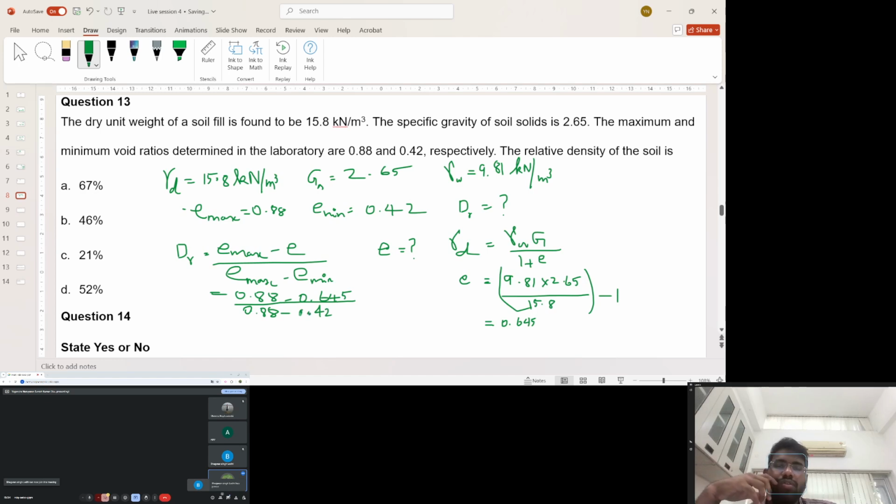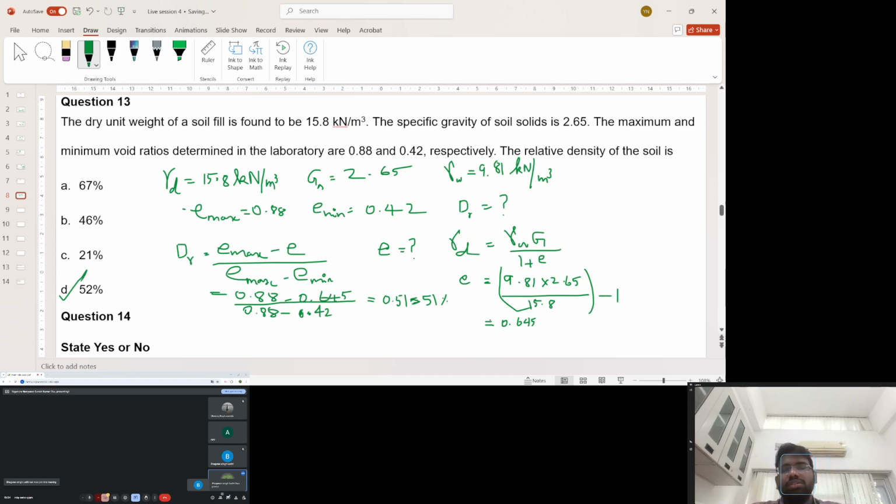How much are we getting? 0.51, approximately 51%, which is relatively coinciding with option D, 52%.